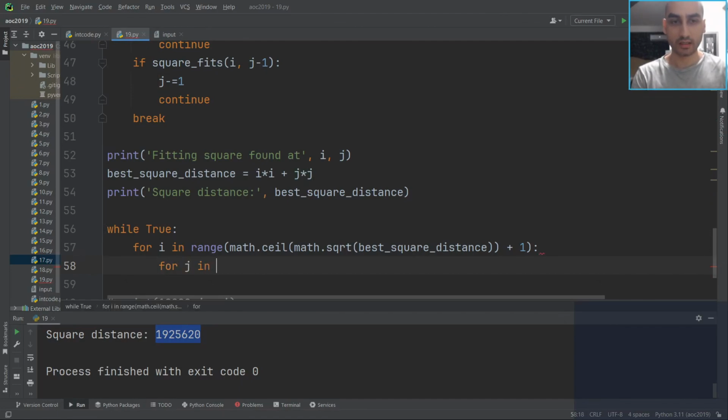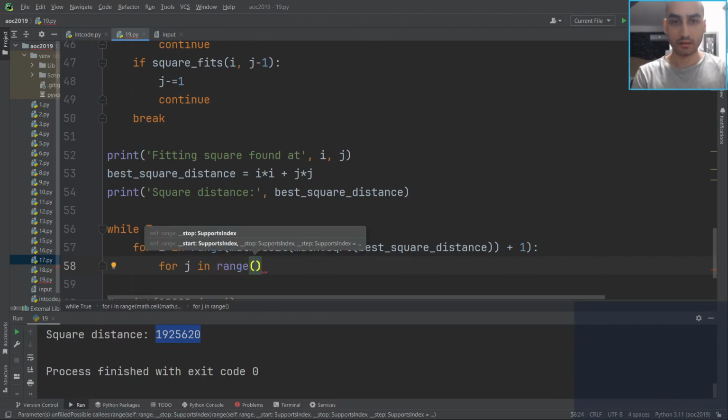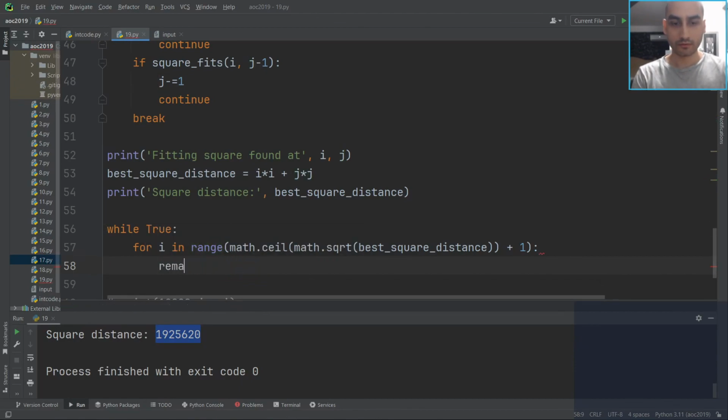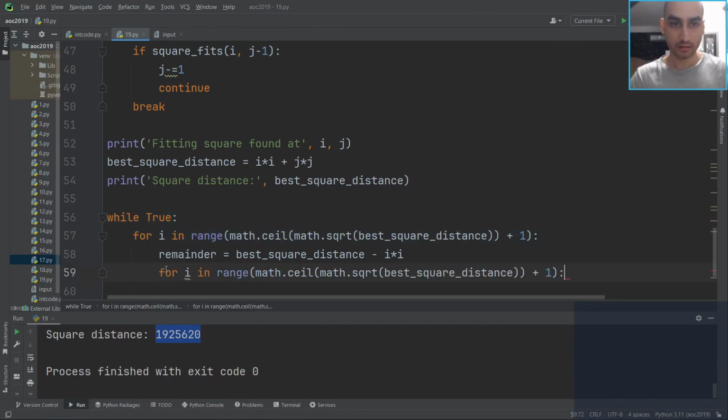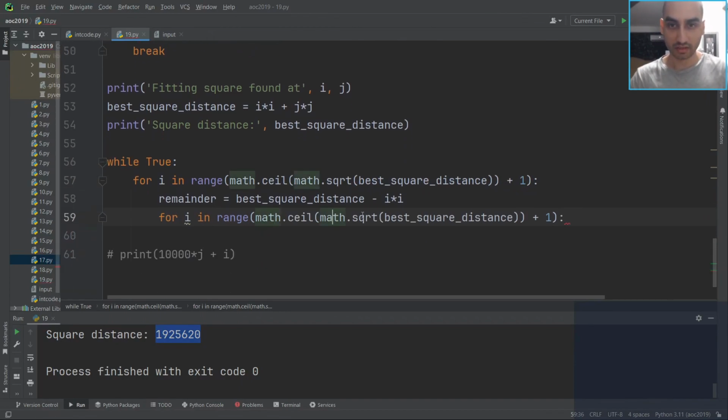For j in range, so remainder equals square distance minus i times i. That's what's left for j to use. So then we go for j in range of that remainder.